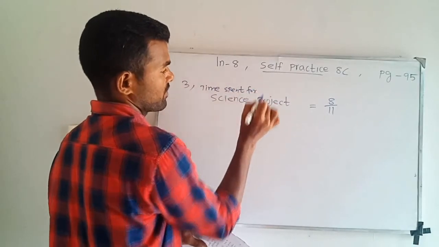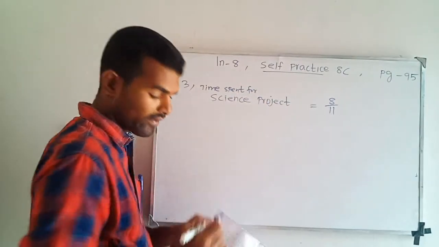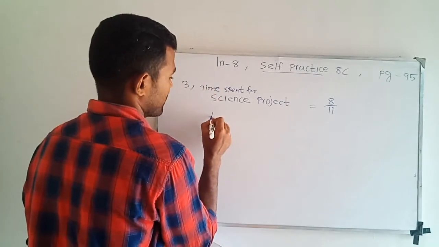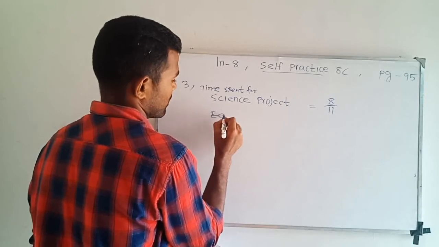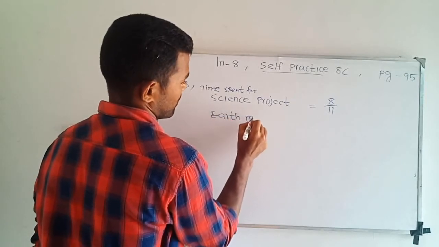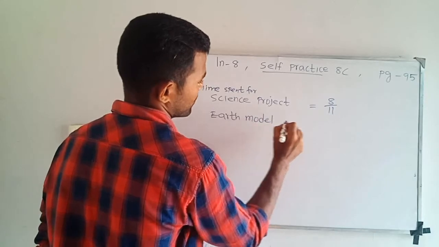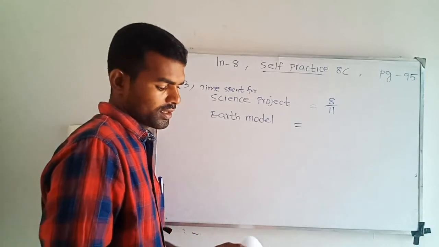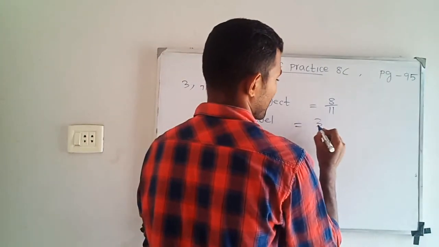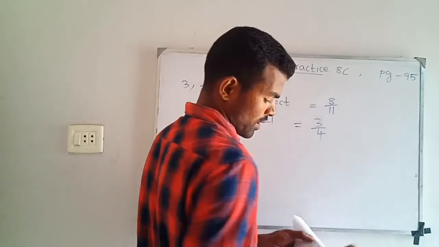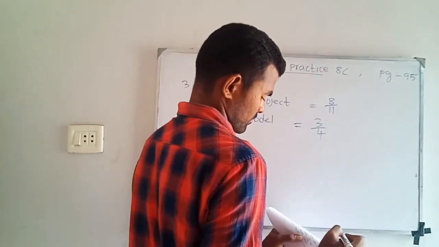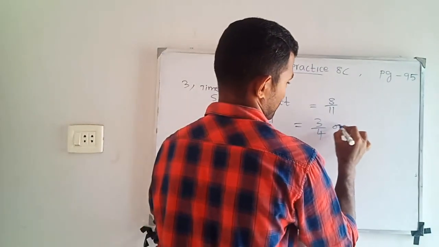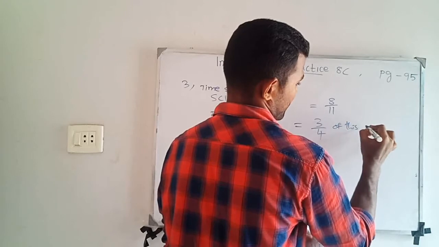Time spent for the science project, and next time spent for the Earth making model. For the Earth model, how much time is spent? For the Earth model, 3 by 4 of this time is spent.